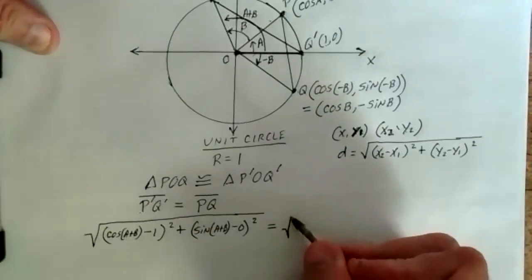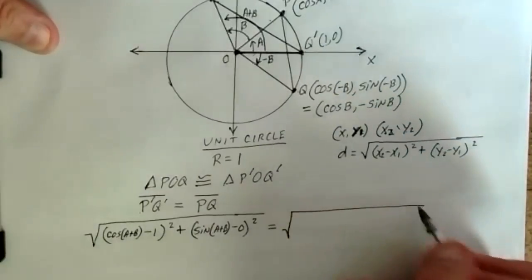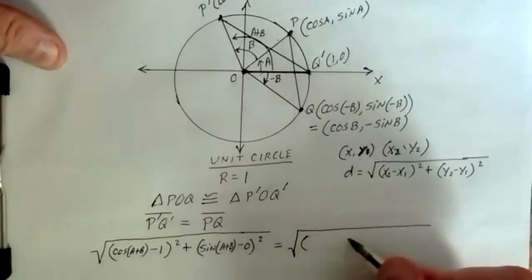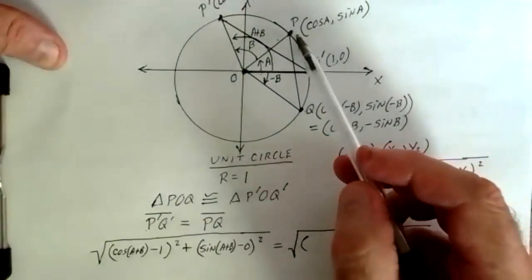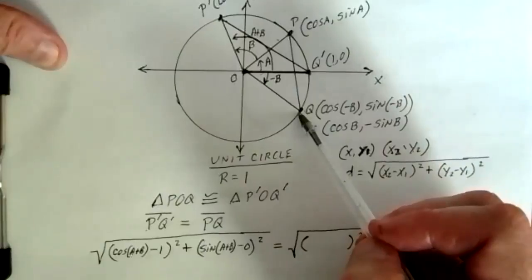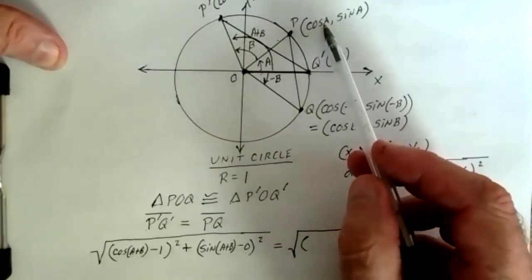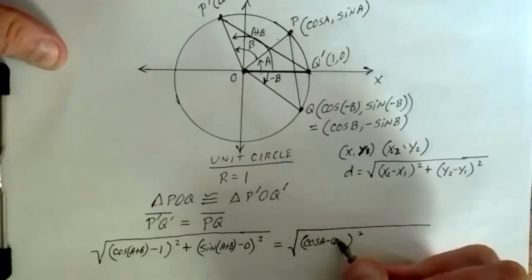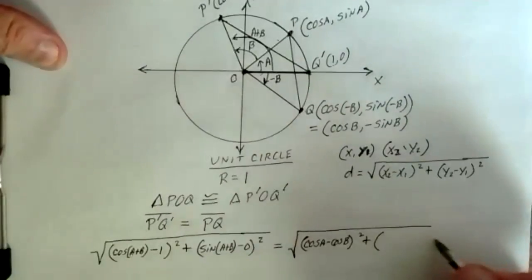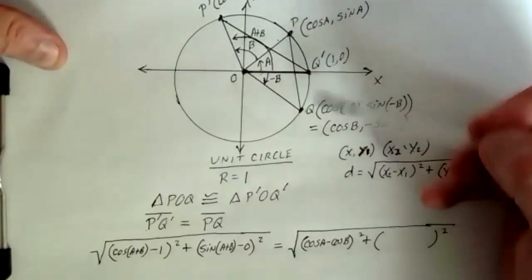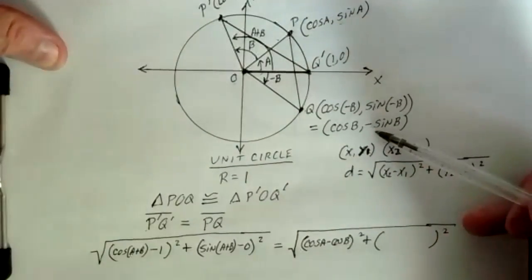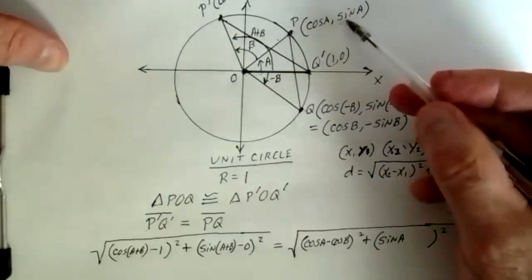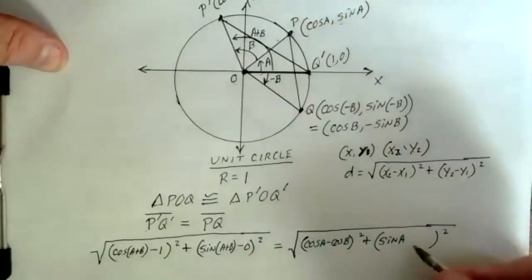So the distance between points P and Q is going to be the positive square root of the square of the difference between the x coordinate of point P and the x coordinate of point Q. That's to say cosine A minus cosine B. Plus the square of the difference between the y coordinates of point P and Q. That's to say sine A subtract the negative sine B. Well, sine A subtract the negative sine B is sine A plus sine B.